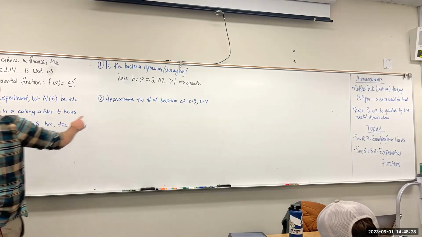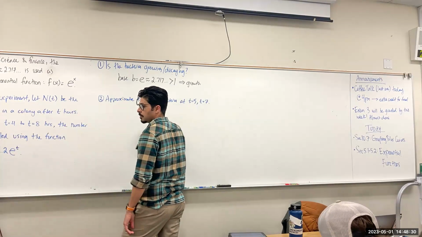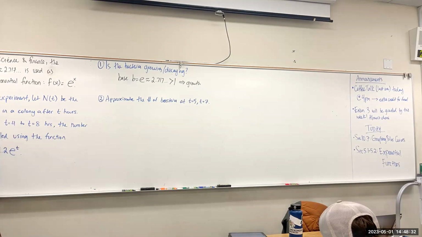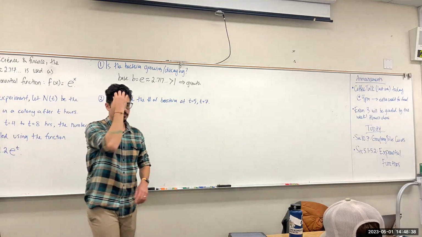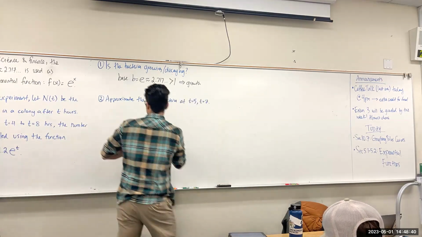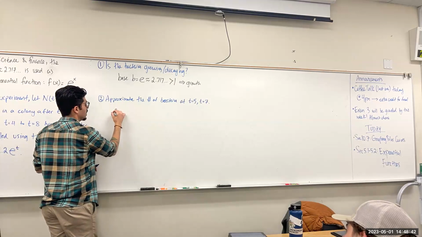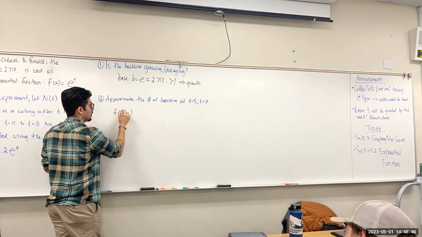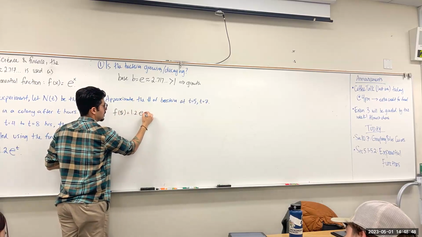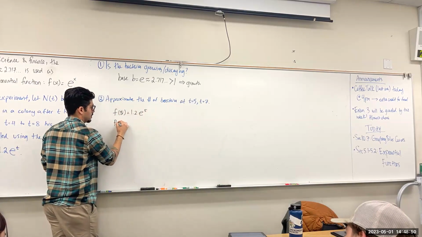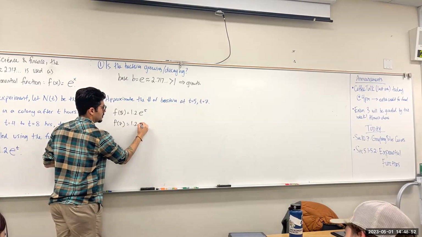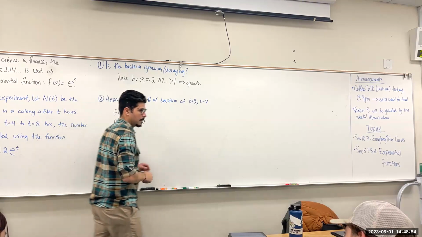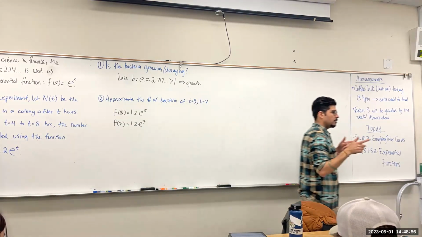So for example, you want to do T equals 5, you put 5. And then you first do the next one. Now it is 5. And then 10. You're right, what you guys are doing is right. We're going to have 1.2 e to the 5th, 1.2 e to the 7th. Let me know if you need help with the calculator.